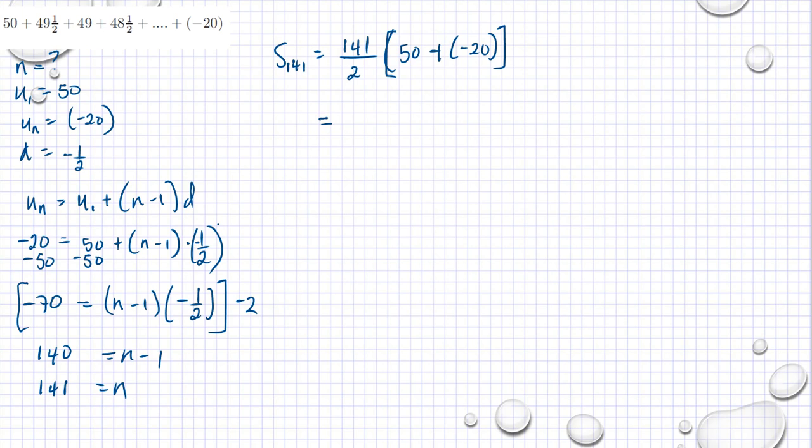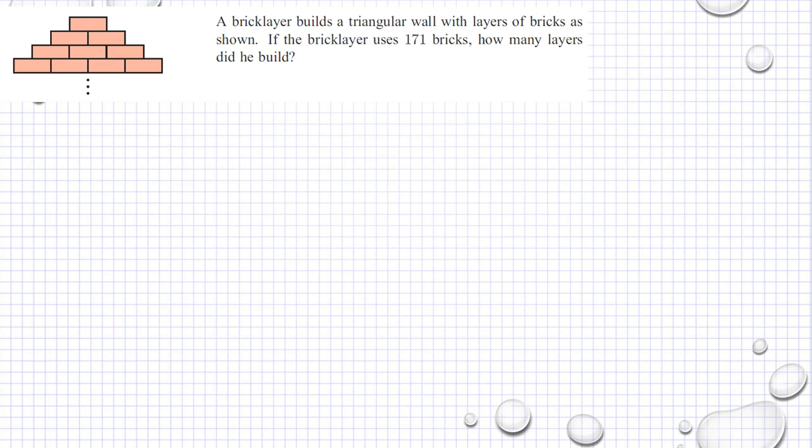So we have 70.5 multiplied by 30, then that is 2115.